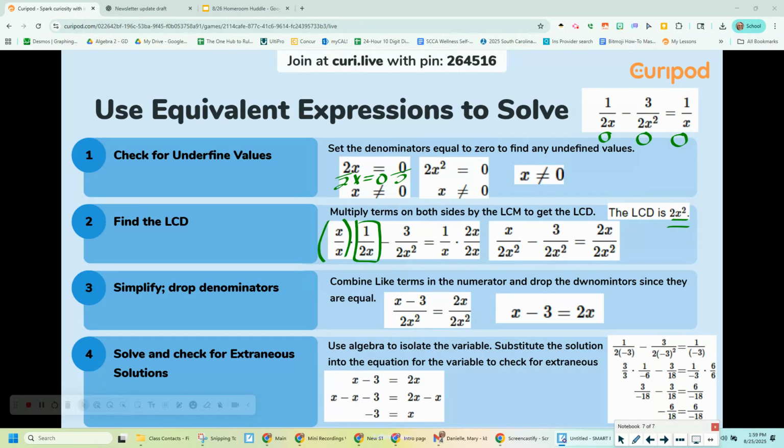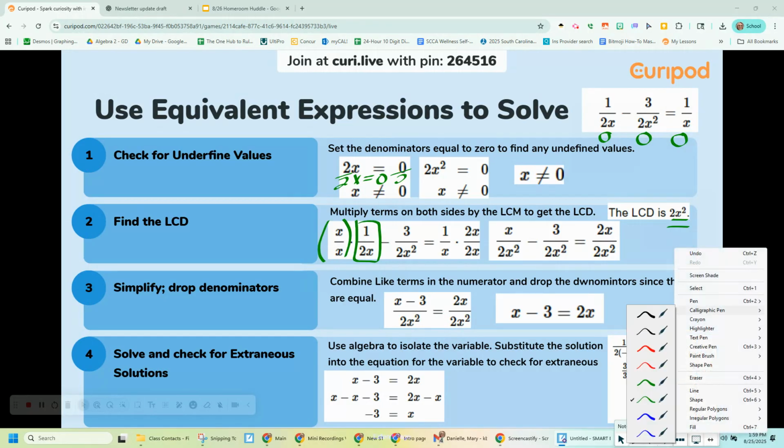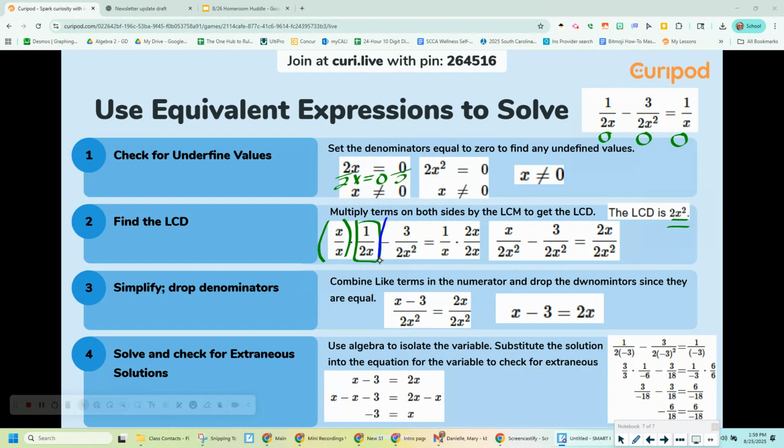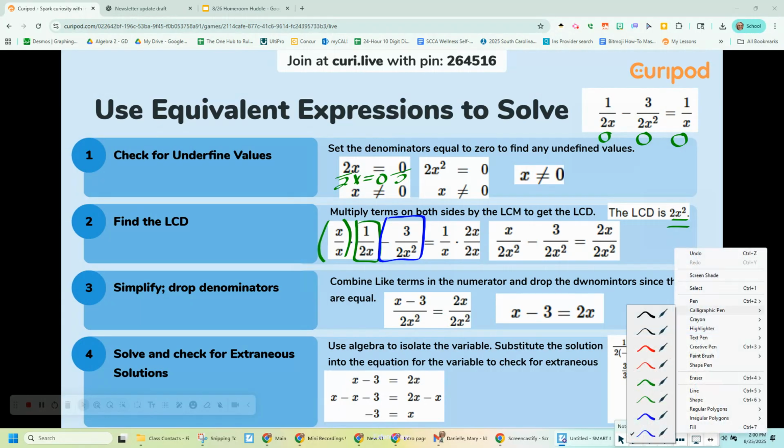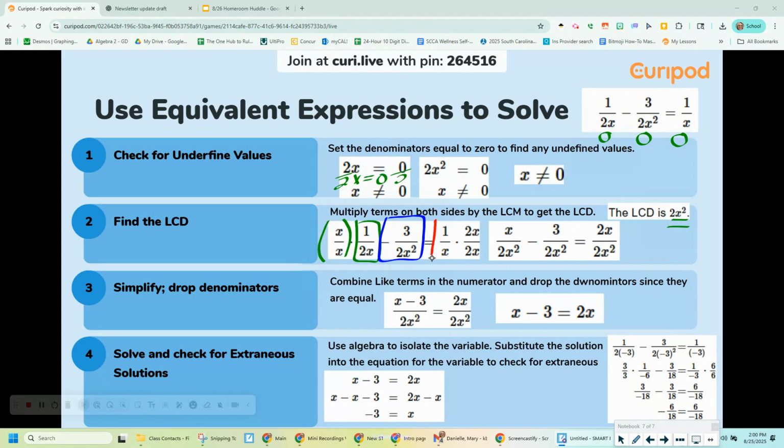The second term already has the denominator of 2x squared, so I do not have to multiply that one. My last term is on the other side of the equal sign, 1 divided by x. If I want to turn that into 2x squared, I would need to multiply it by 2x over 2x.